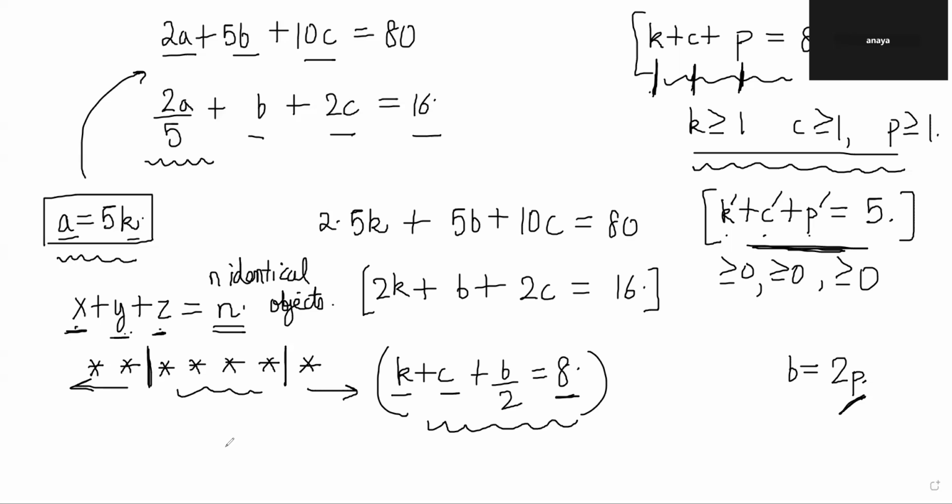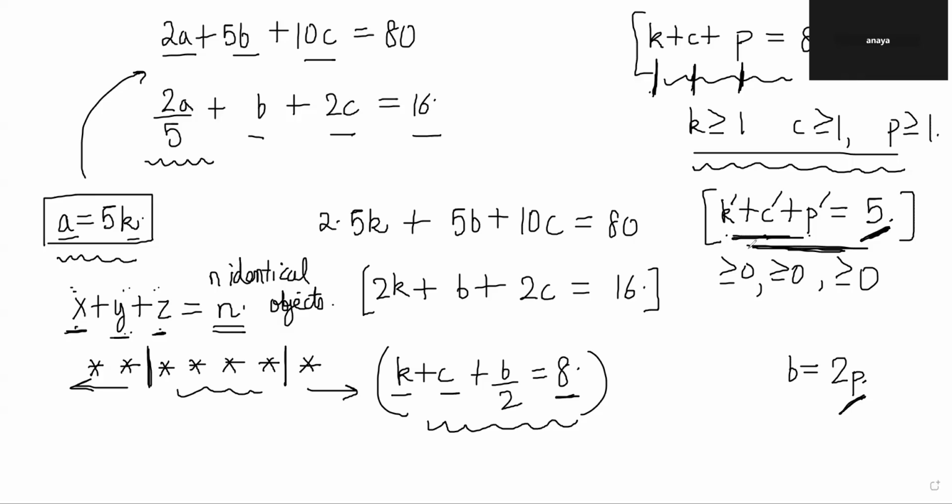If there are n identical objects and you have three variables, three buckets here, then two bars are enough to distribute them into three different boxes, right? So similarly, what you have here is five ones. Five is the number of stars. Three variables are there, so we need two bars, right?